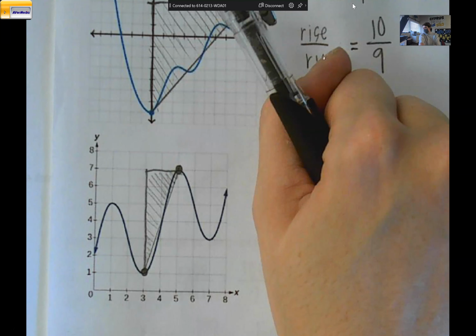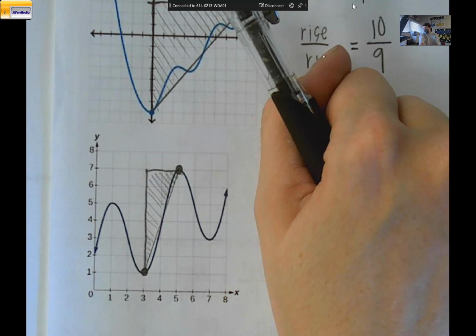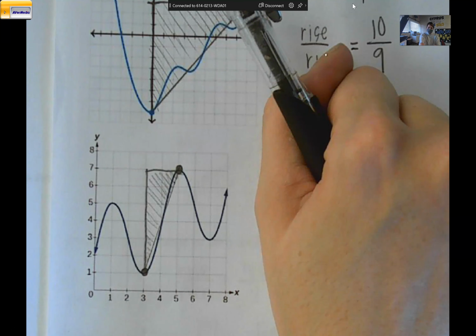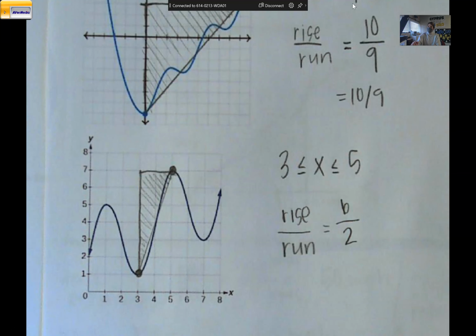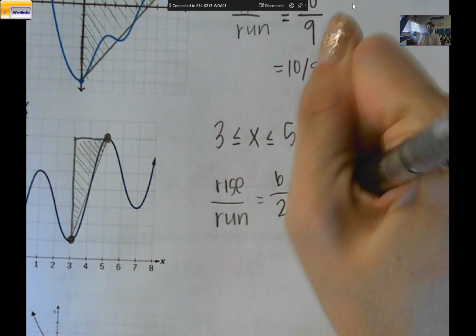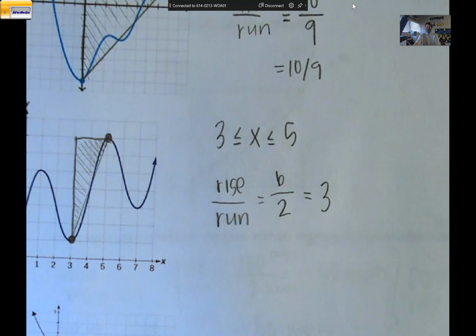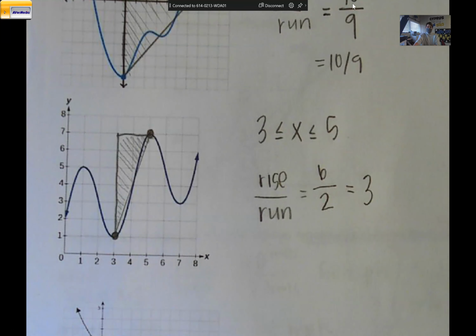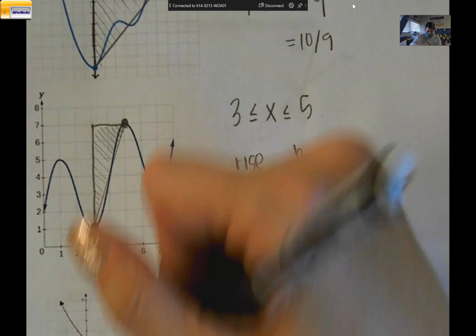About 10 seconds and I'll show you what I got. Okay, I got 6 over 2, which simplifies to 3. How'd you guys do? Did you do okay? Okay. Next one.